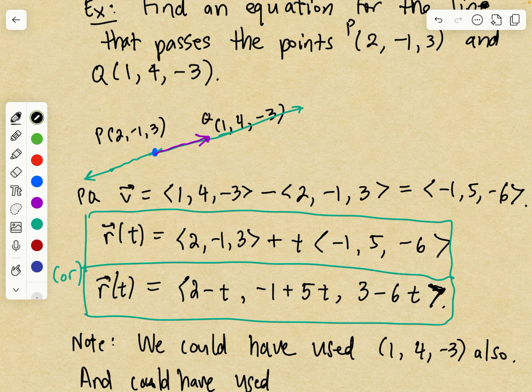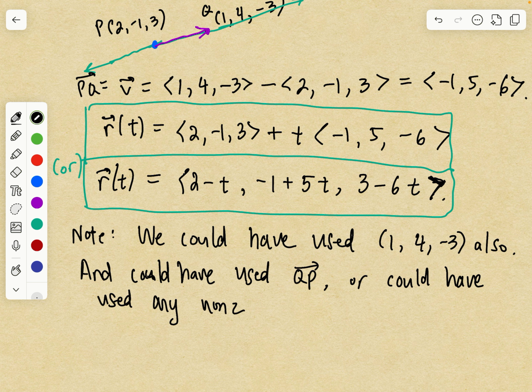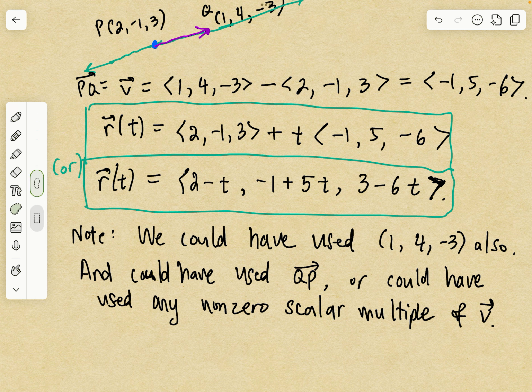So this is P and this is Q. So we took V to be PQ, but we could also have used QP, which is just negative V. Or we could have used any non-zero scalar multiple of V. Because it's not like you have to use this one vector specifically.